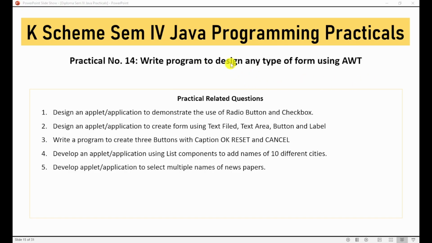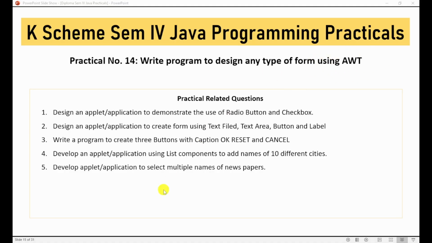All these components are part of AWT, the Abstract Window Toolkit, a package present inside Java, and we have to import that package and use its classes and interfaces for our code as well as our design.